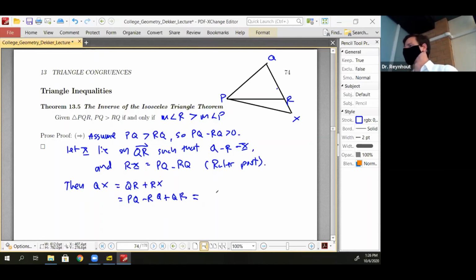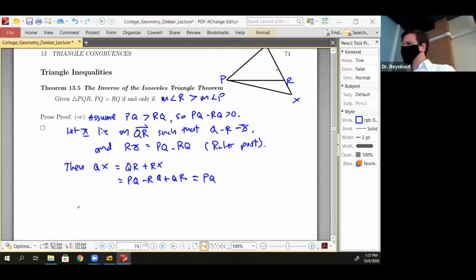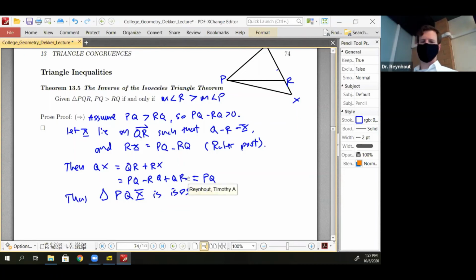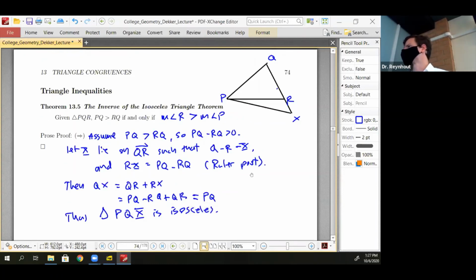Cancellations, this is just PQ. Awesome, as we stated that we wanted. So we can say, thus triangle PQX is isosceles. All right, so since PQX is isosceles, I can make a few statements.